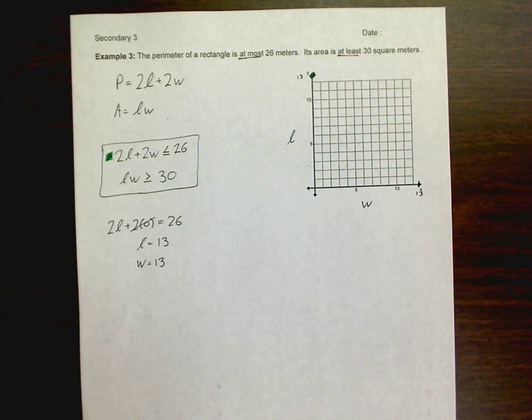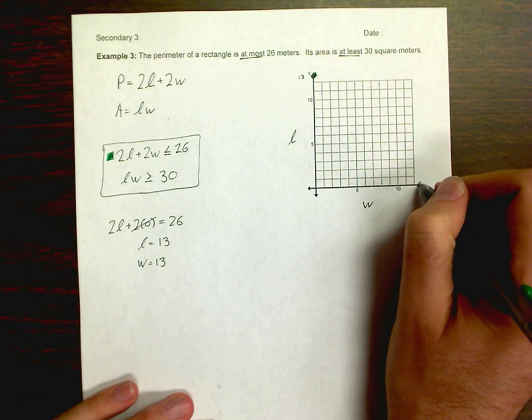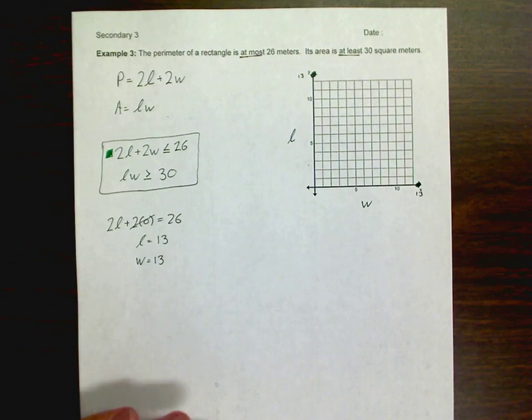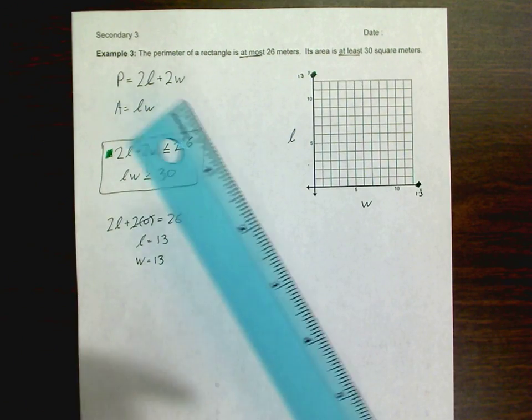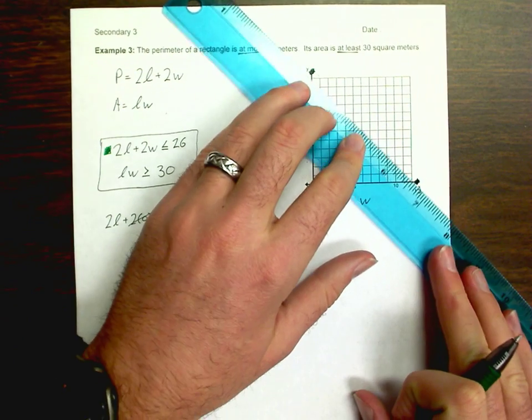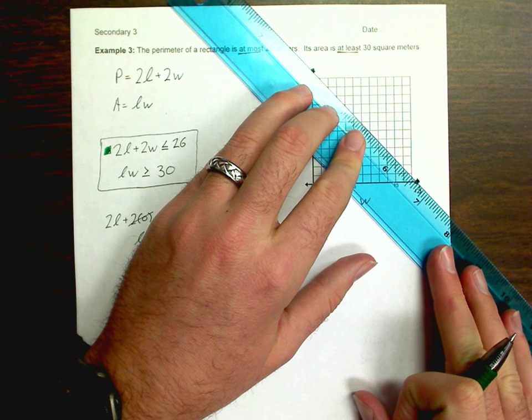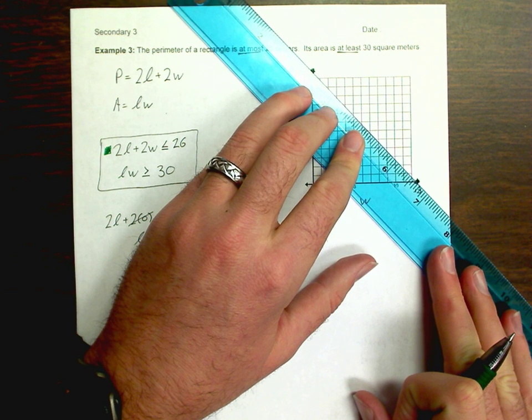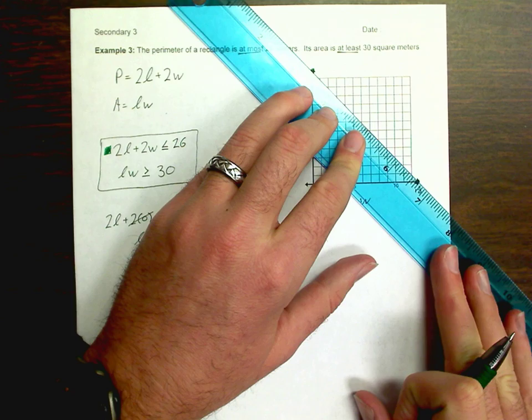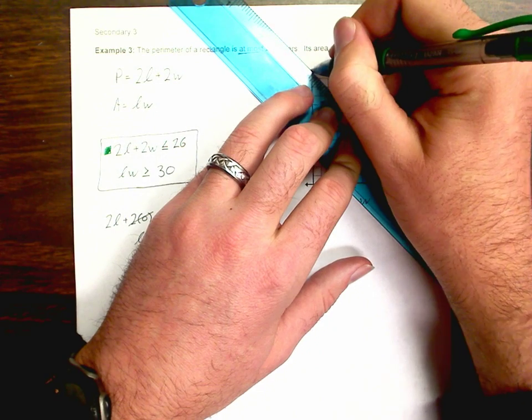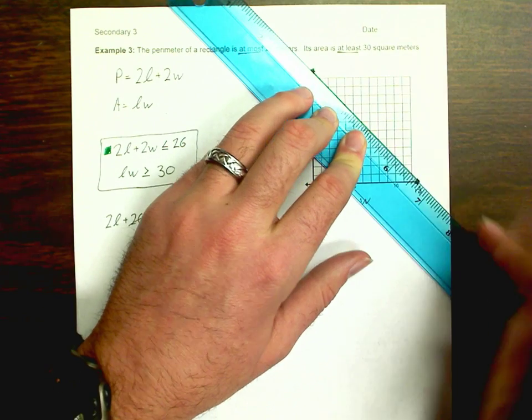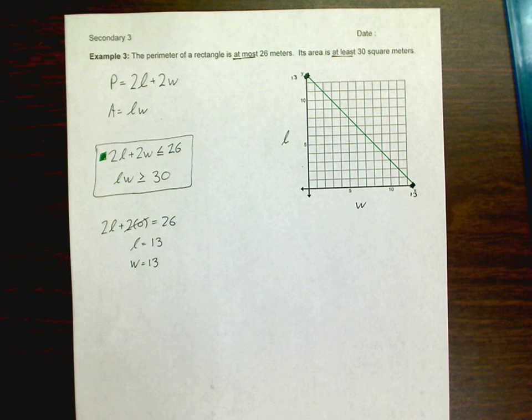So there we go. Nice straight line. It is less than or equal to, so we can make it a solid line. And yes, those lines would continue on, but in context it doesn't make sense to have negative length or width values, so the line can just stop right there.